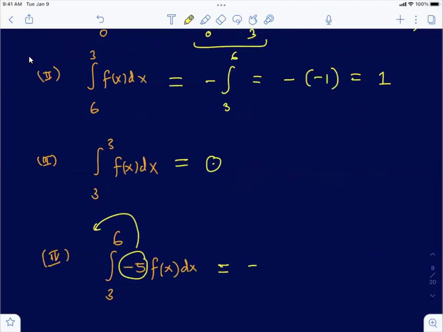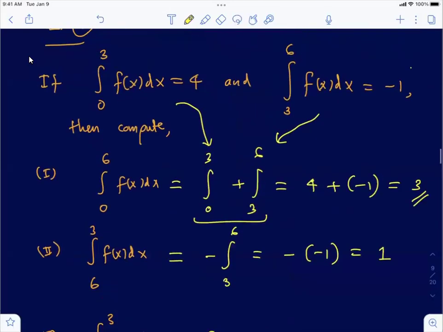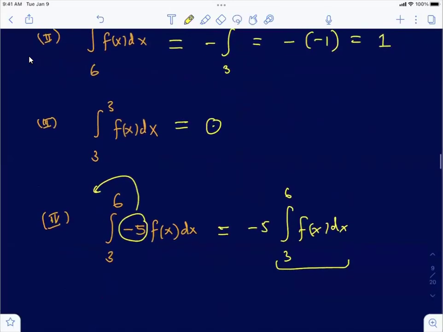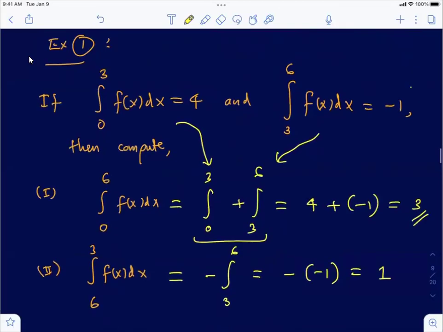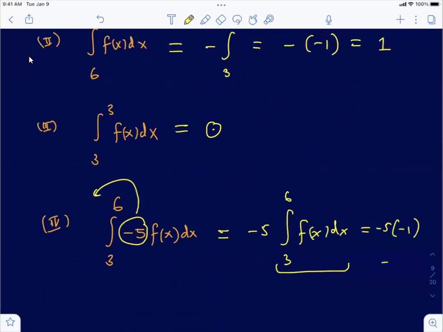If we do that, we end up getting negative 5 times the integral from 3 to 6 of f(x) dx, but this component already contains an answer, right? 3 to 6 is none other than just negative 1. So let's put it in that position. So you have negative 5 times negative 1 equals just 5.